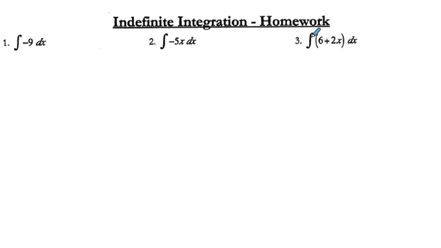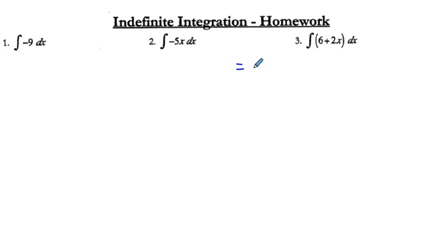The first one I'm going to work out is the integral of quantity 6 plus 2x dx. To work this one out, I'm going to split this into 2 separate integrals.